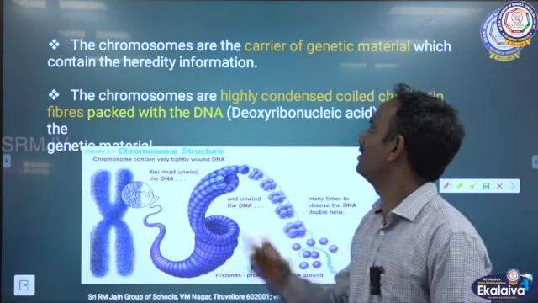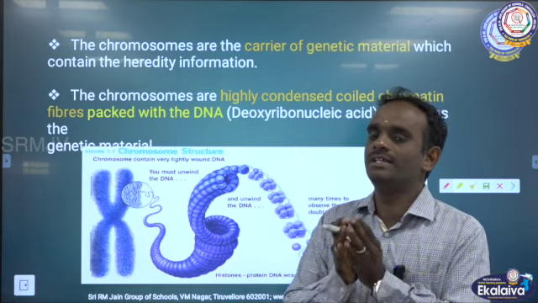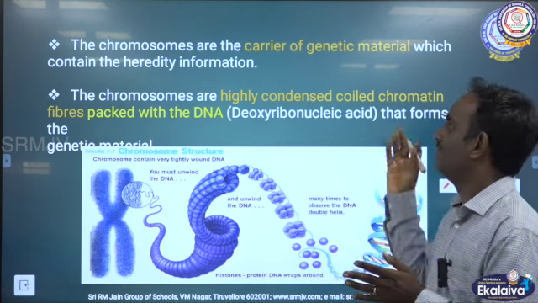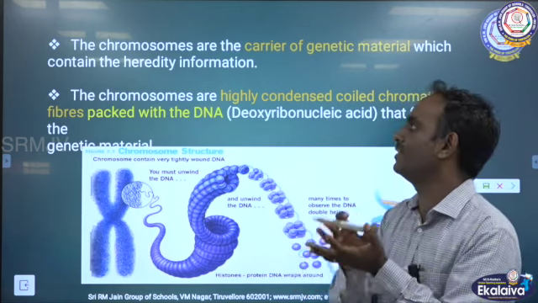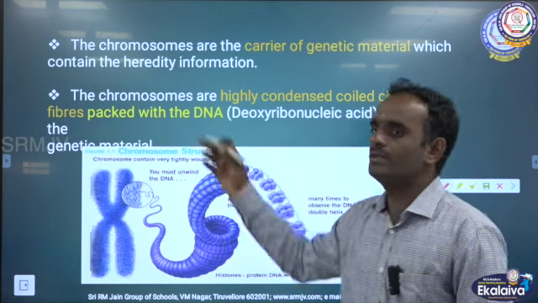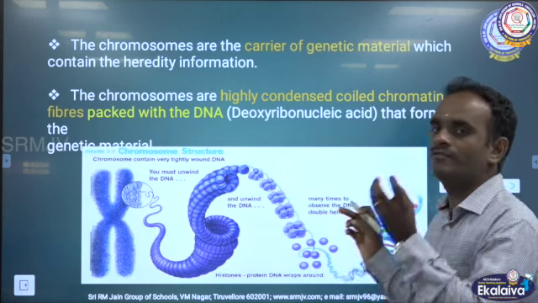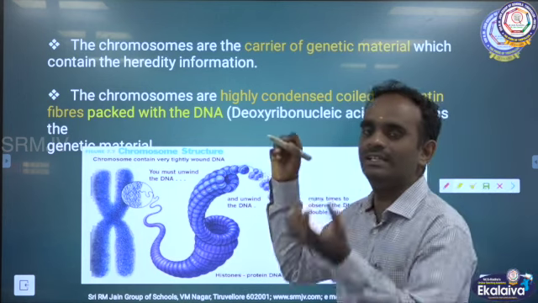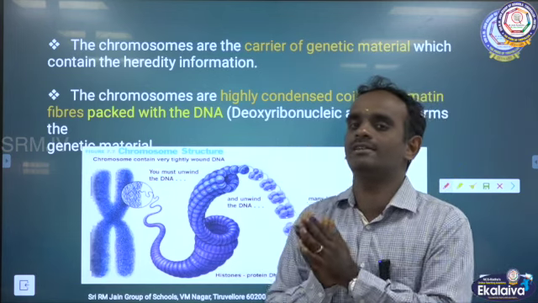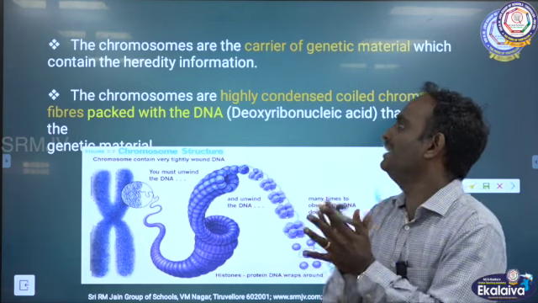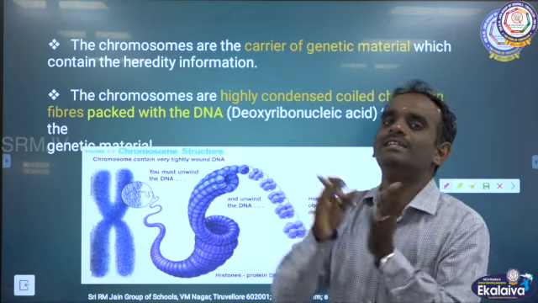The chromosomes are the carrier of genetic material. It carries the hereditary information, all the genetic information. The chromosomes are highly condensed, coiled chromatin fibers packed with DNA.